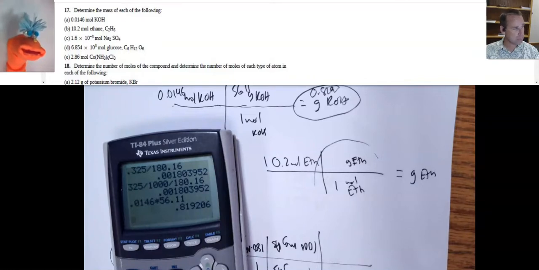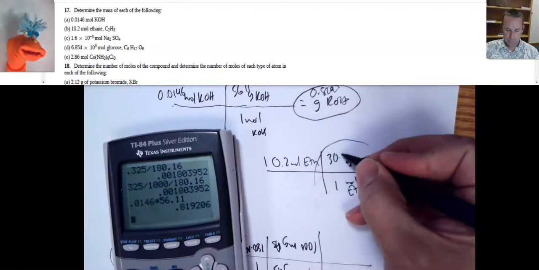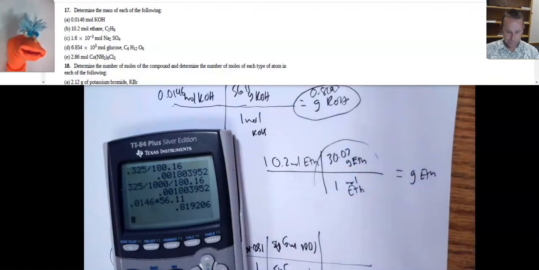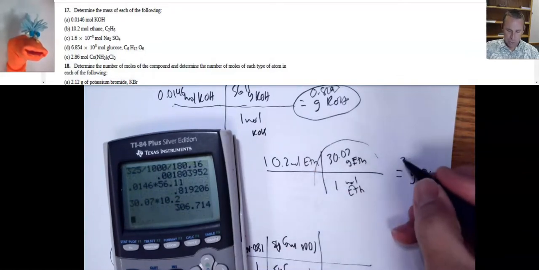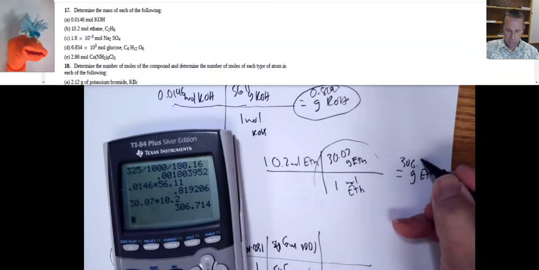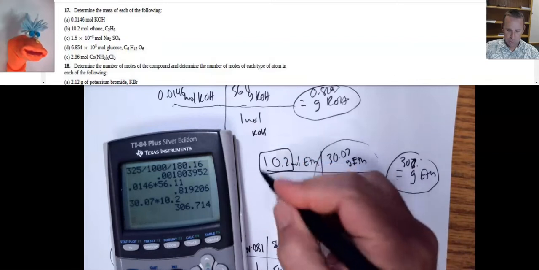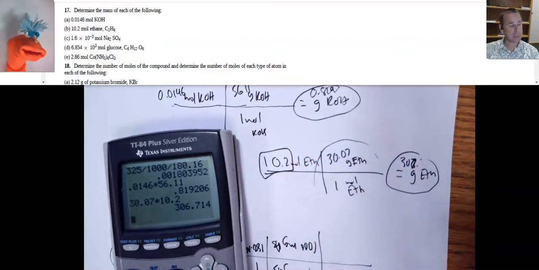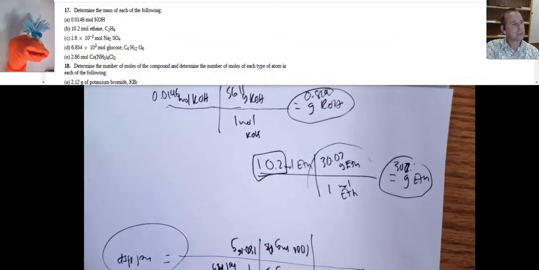Molar mass of ethane. The molar mass of ethane is 30.07 grams per mole. Times 10.2. So 306.7, 307, 3 significant digits, grams of ethane. Okay, good.